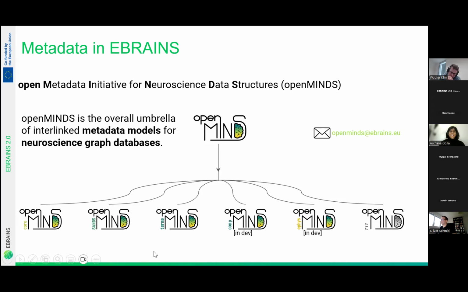I think SANDS was mentioned already for the anatomy and atlas data metadata, and there's also an electrophysiology component that is under development, and there's constantly more and more development.